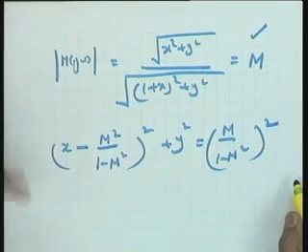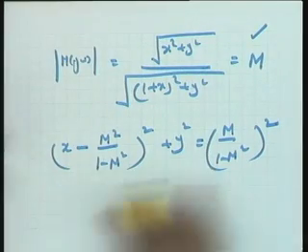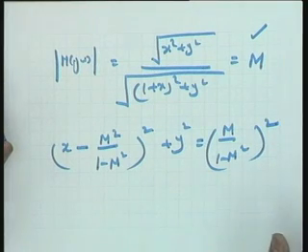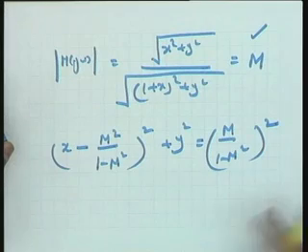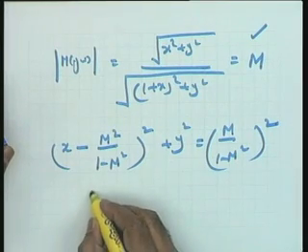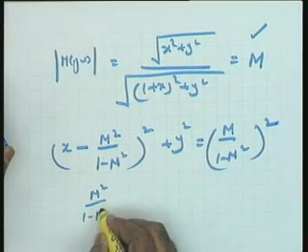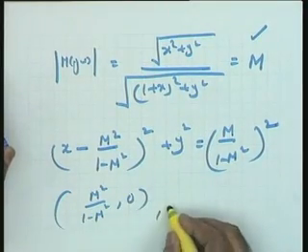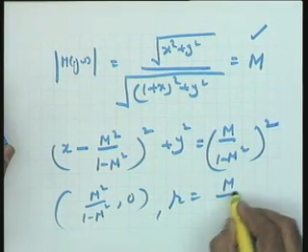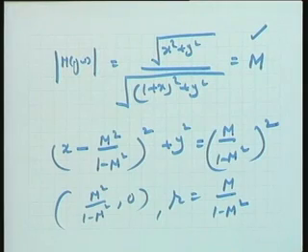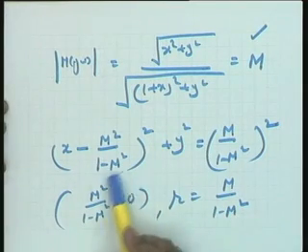A couple of steps in between, and you can easily verify that it can be transformed to this format. Help me please, what is this equation? You will note that this is the equation of a circle with center at (M squared over 1 minus M squared, 0) and radius equal to M over 1 minus M squared, with the only exception: what happens when M is equal to 1.